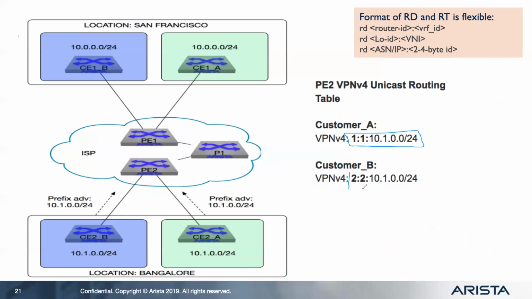Because of that, we are able to create unique EVPN routes, which are advertised across the backbone and finally reach PE1. Any question on why we need RD and how it's solving the purpose?